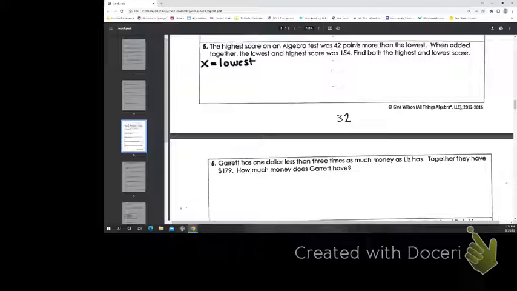And then now it says the highest score was 42 points more than the lowest. So the lowest is x, and then x plus 42 is the highest. When added together, the highest and the lowest was 154.